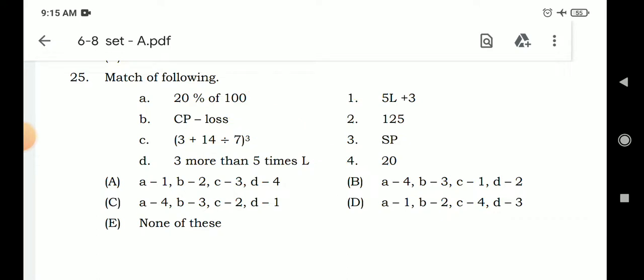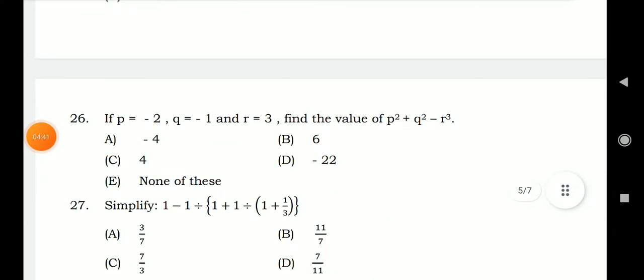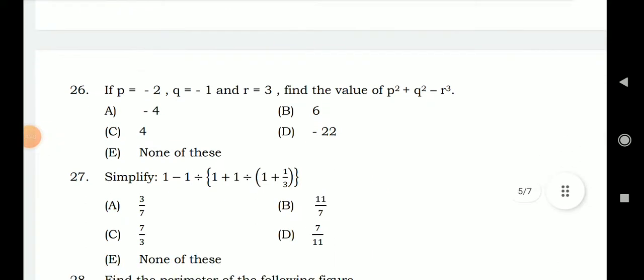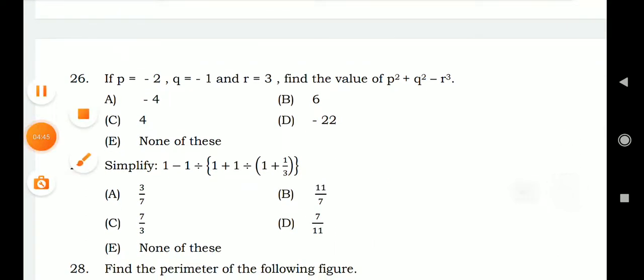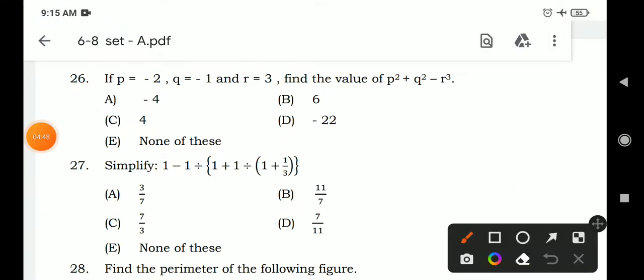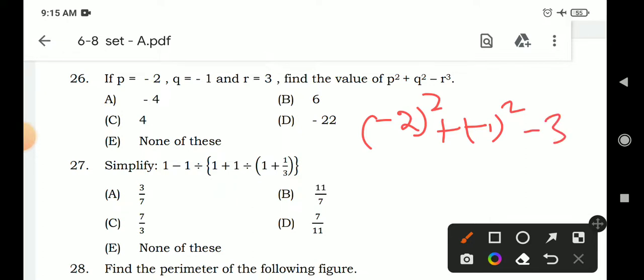Now come to the next question. Next question you have, beta: if the p, q, r values are given, what will be p square plus q square plus r cube? So look here beta, just put the values: minus 2 square, q value is minus 1 square, and r value is 3 cube.